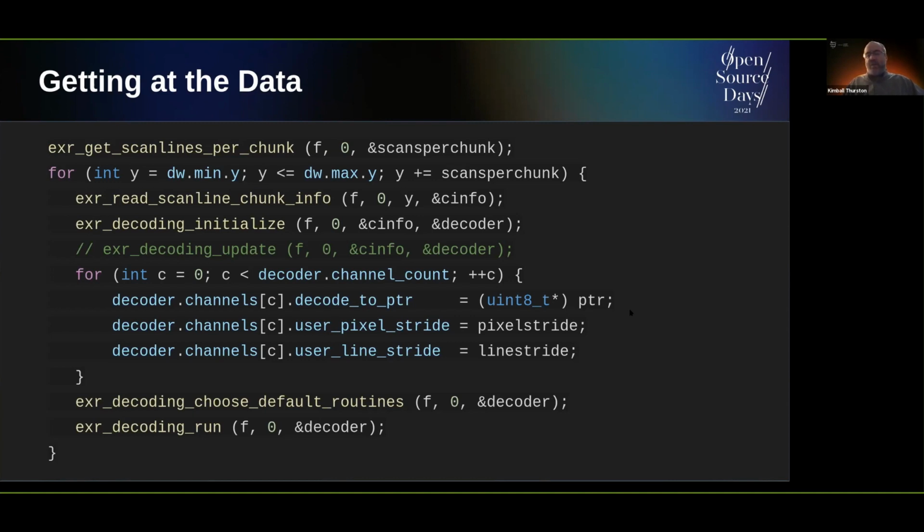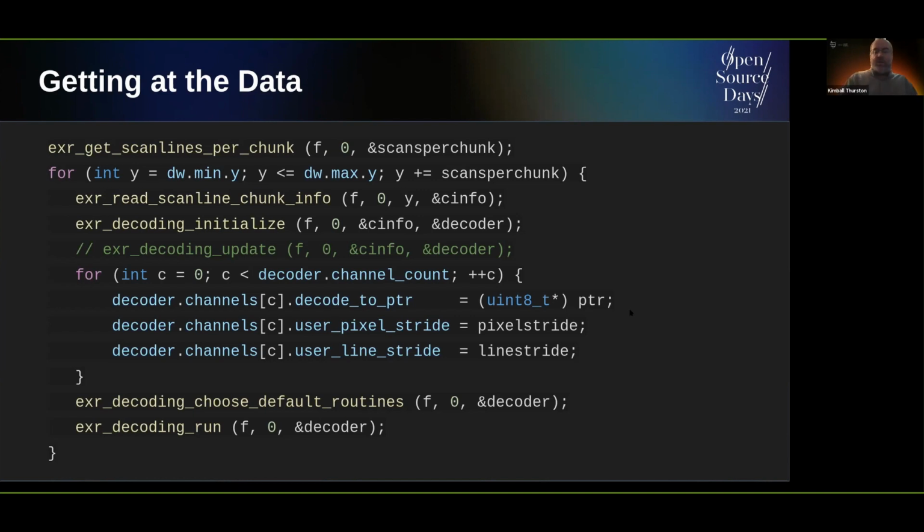A chunk is basically the atomic unit of data that you can read at a time from the file, and that can have different forms depending on the compression used for that part. So you might say, okay, how many scan lines are there per chunk? Then I'm going to loop over the data window and read those in. You ask the file for the information for that chunk, and then you can initialize the decoder with this decoder pipeline that I talked about, using that chunk info.